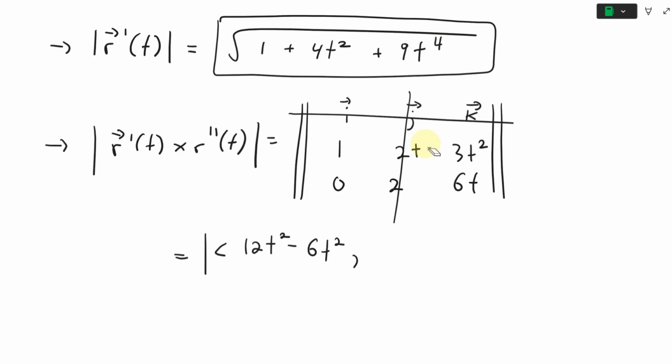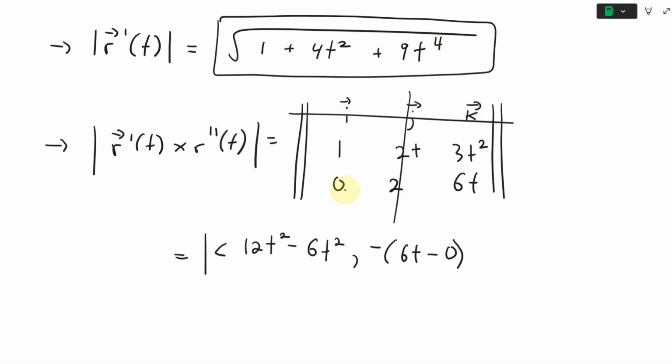So in other words, we get 1 times 6t, which is just 6t. But it's negative, because it's the middle one. Remember the center is negative and the outsides are positive in the cross product. And then minus 3t squared times 0, that's 0.